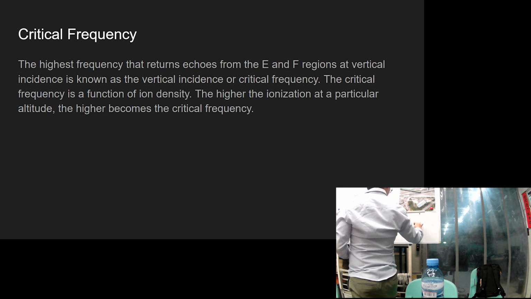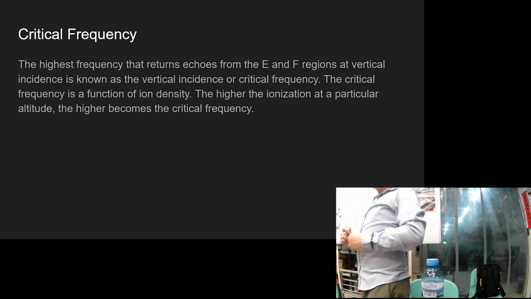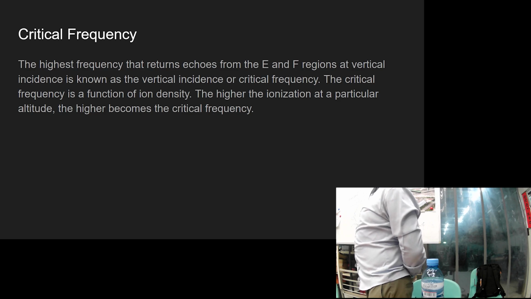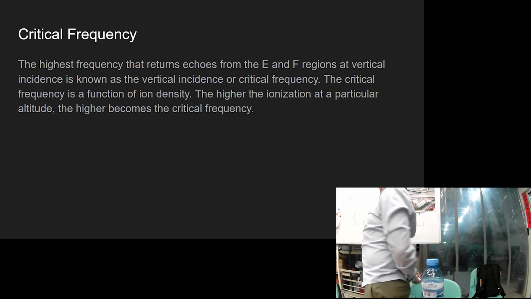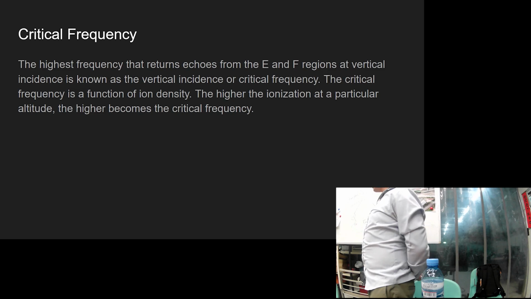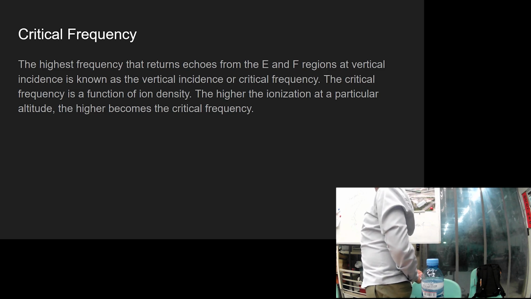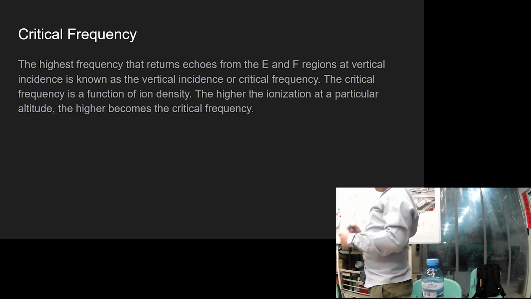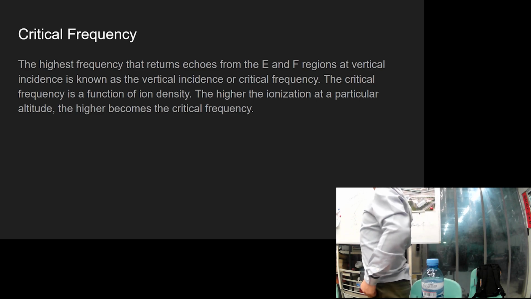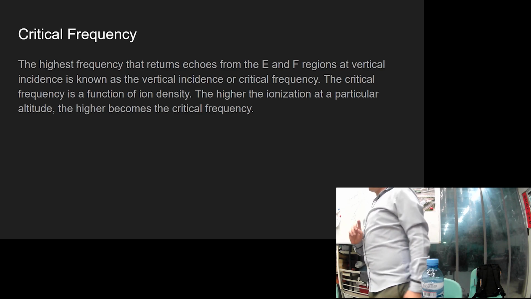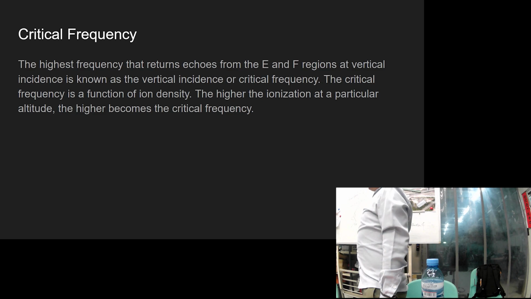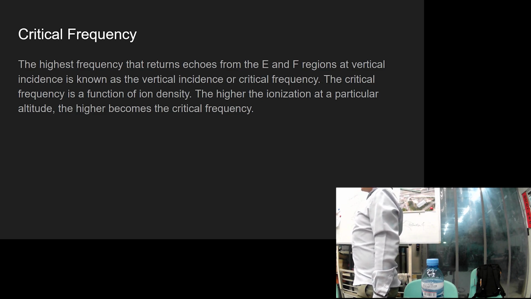But if they emit at an angle, they get a higher level of refraction. That's why a wider range of frequencies can be used, even higher than the critical frequency. The critical frequency is just measured at 0 degrees. It's just a definition.